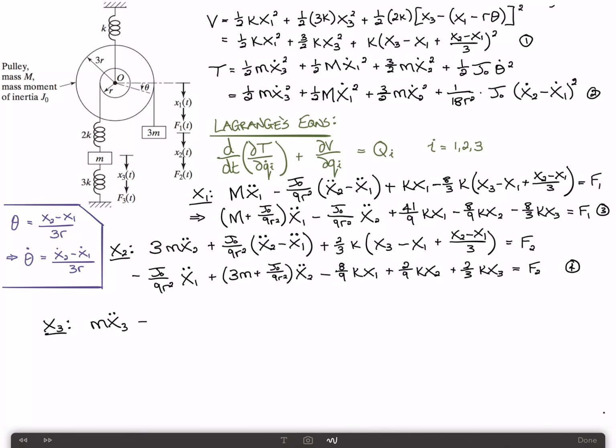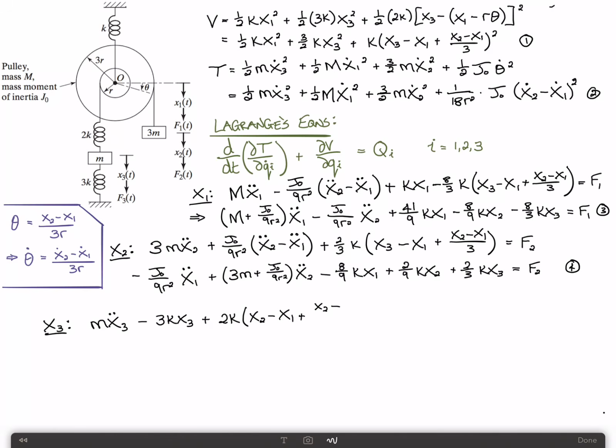So the first one is just 3/2 times a half is 3, so it will give me 3kx3, plus, taking the derivative with the chain rule, 2 times k times what's in the brackets. Oh, I made a mistake here.